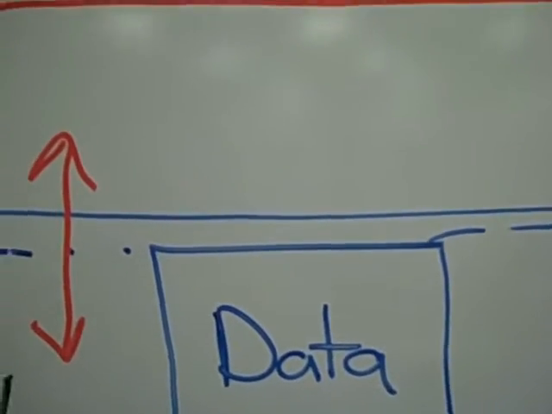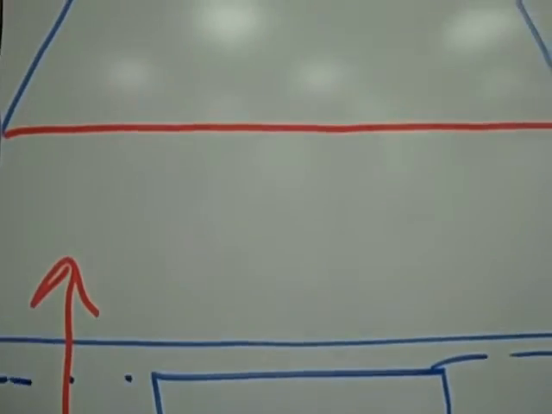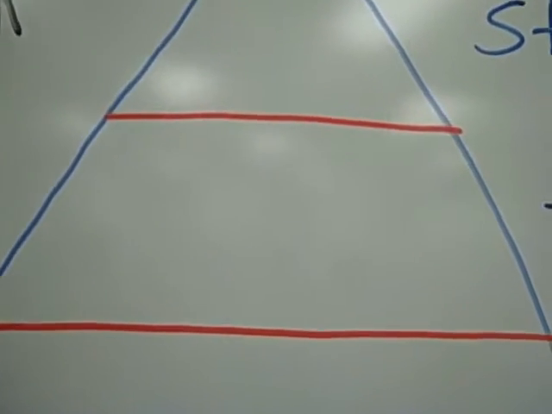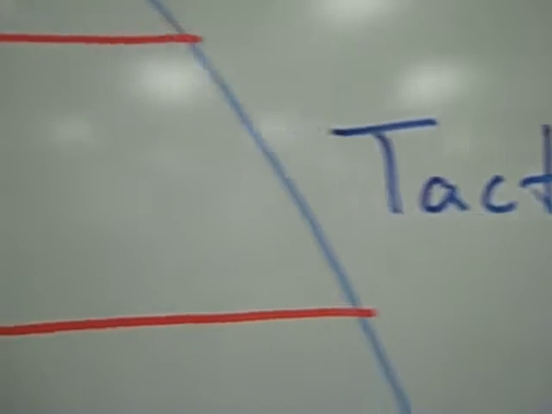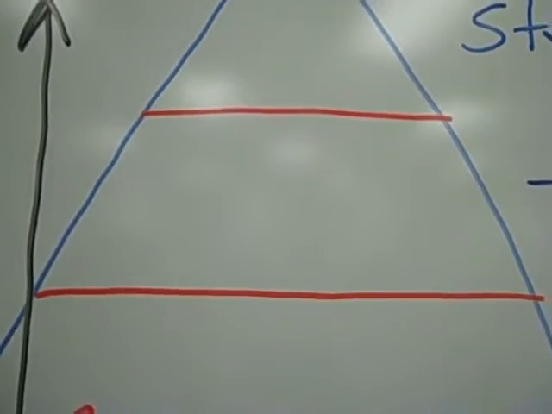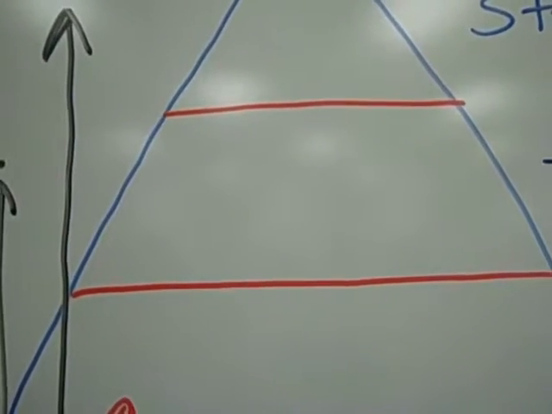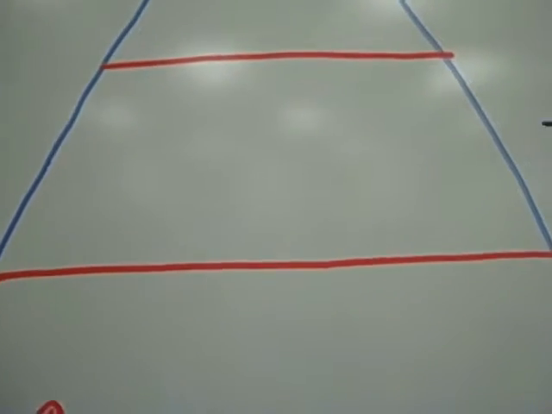Then the amount of information is summarized, and there's actually less, and we go to what we call the tactical level. A certain level where people need to use a certain amount of information, not the exact information, but more summarized to make decisions.